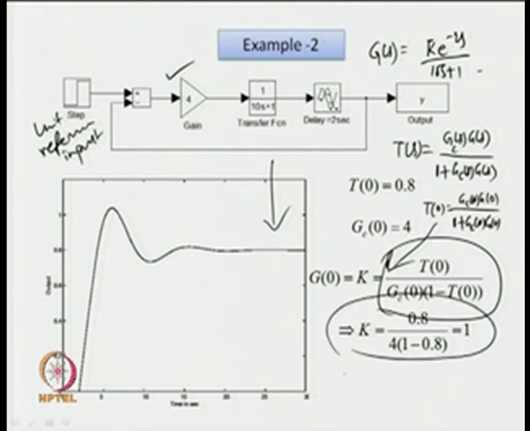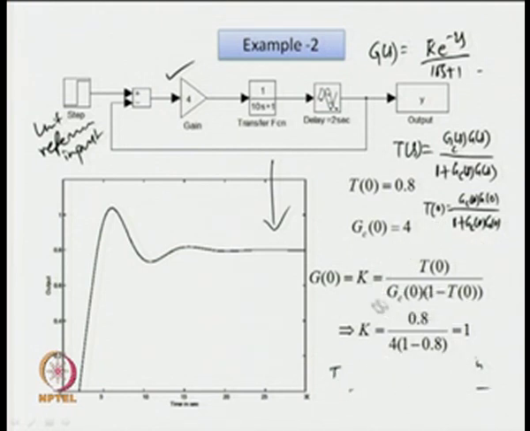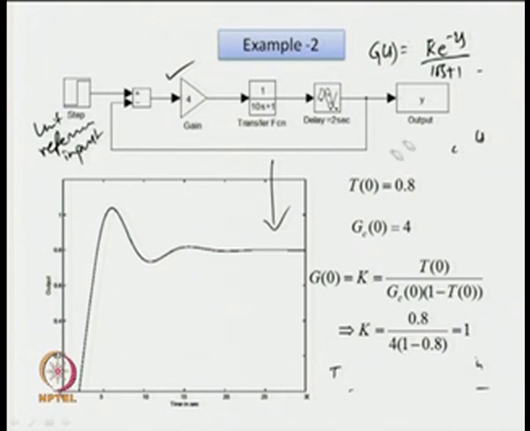So, again the steady state gain of the transfer function model of the process dynamics is equal to 1. Once the steady state gain has been found, again we will try to find the remaining parameters of the transfer function model. How are we going to model the dynamics of this process?